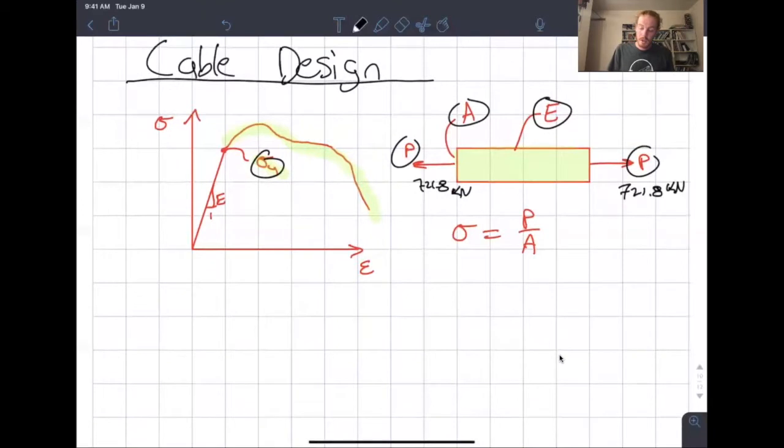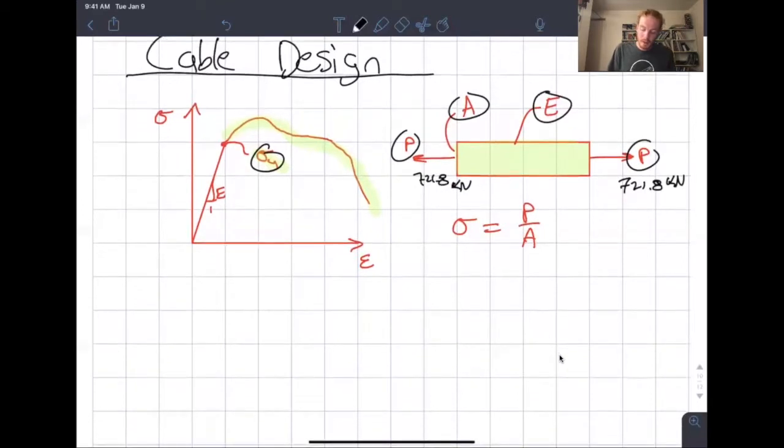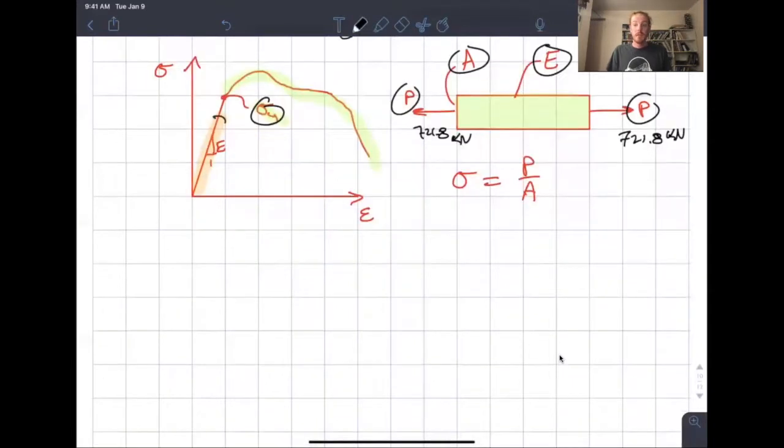So we want to limit our cables to never get out of this elastic range. So we want them to be existing in this range down here. We never want to get to that yield point. To do that, we want to make sure that the force that we apply to our cable is less than the ultimate breaking strength of that cable. So we use this relationship.